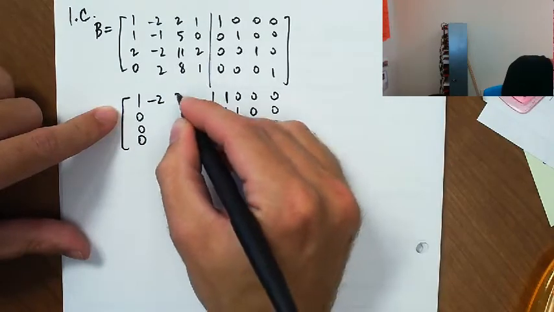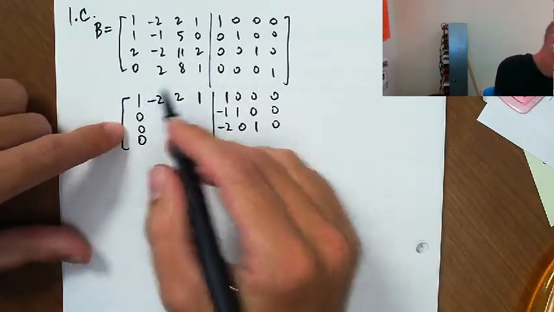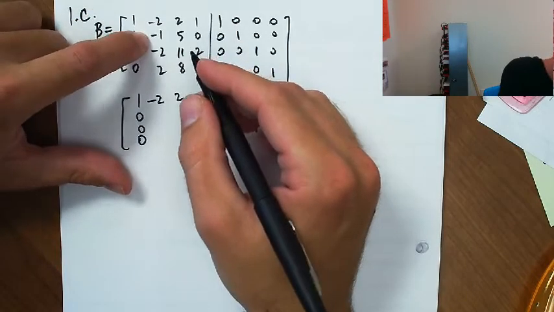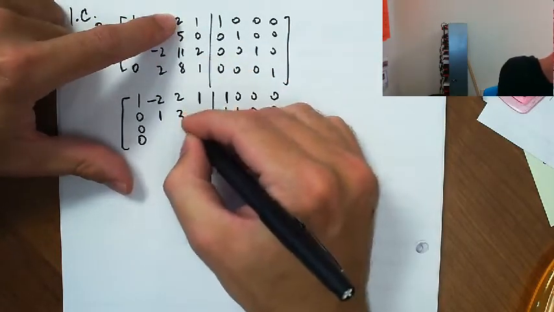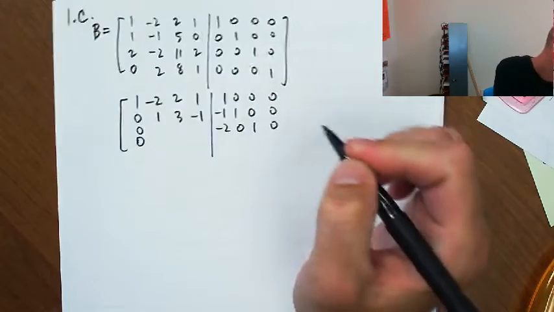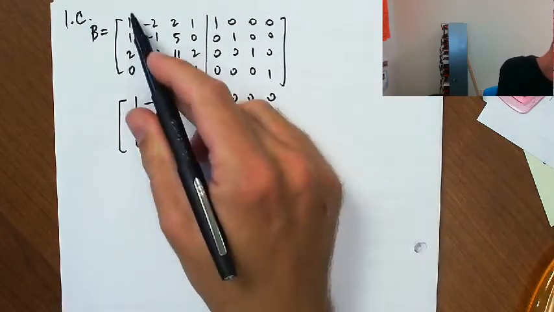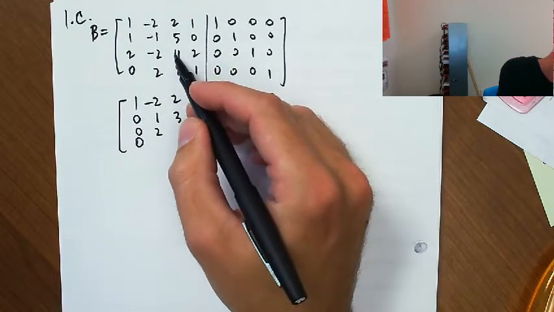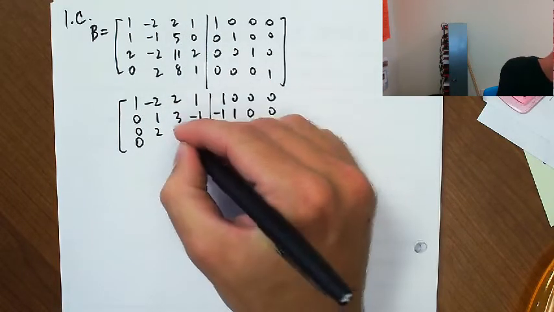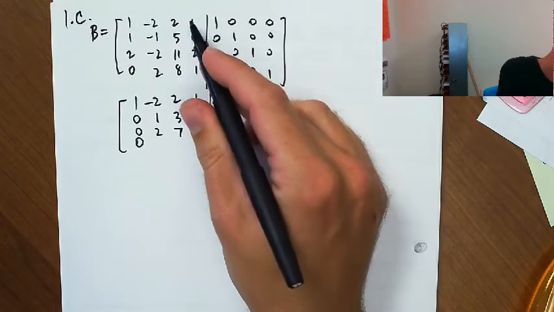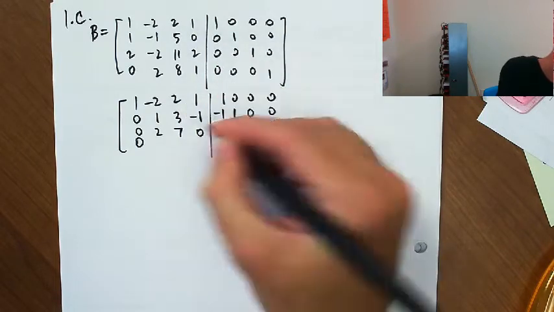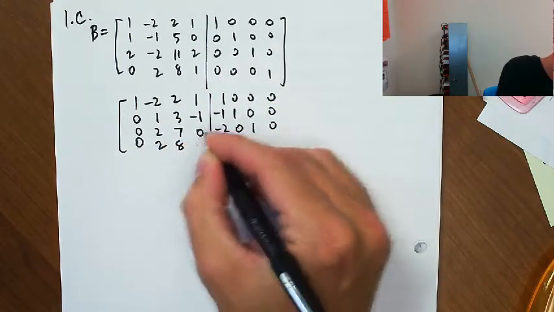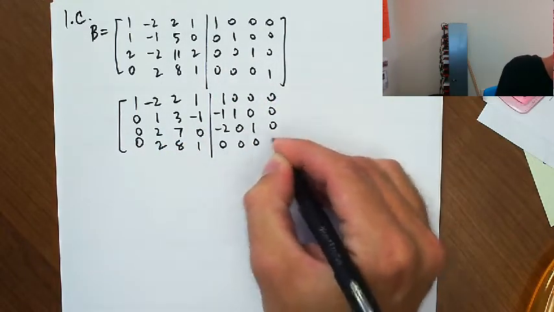I haven't really done any work on row 1 yet, but when I subtract row 2 minus row 1: negative 1 minus negative 2, 5 minus 2, minus 1. Now subtract 2 up here, negative 2 plus 4, that's positive 2. 11 minus 4 is 7. 2 minus 2 is going to be 0. And I didn't do anything to row 4, so I'm going to just leave that the way it is.